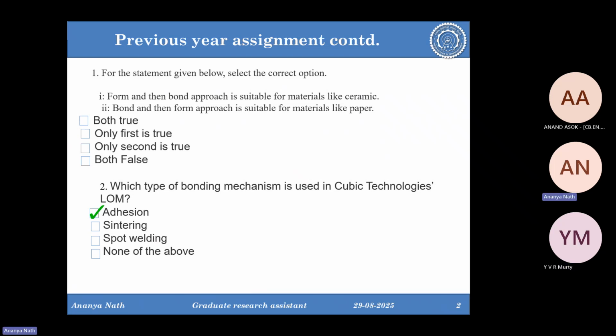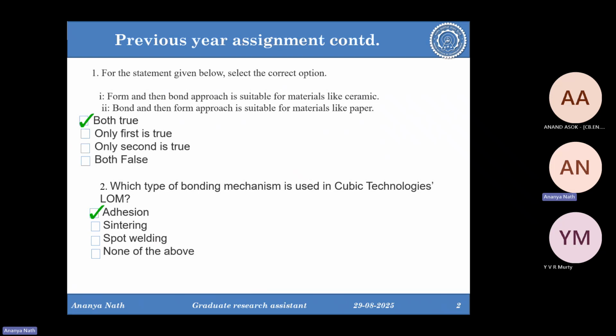For the statement below, select the correct option. Form and then bond approach is suitable for materials like ceramic. Bond and then form is suitable for materials like paper. Both are true because you can understand from general knowledge that paper is easy to cut, whether it's bonded or not.